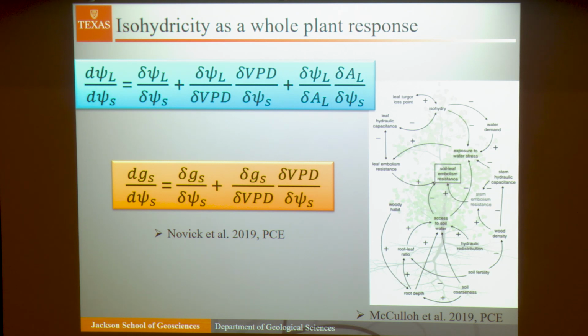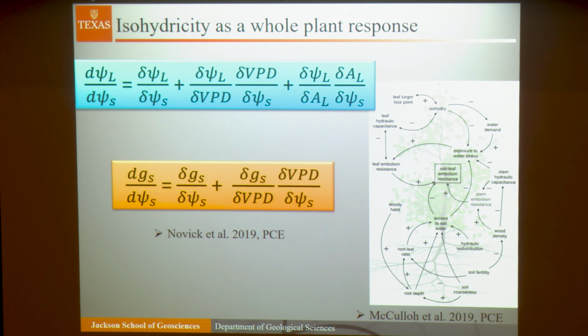And so in the same vein, she's thinking about the way that leaf water potential responds to leaf area. So many trees exhibit a phenomenon called drought deciduousness, where when drought stress becomes too extreme, they will drop their leaves. And so as soil water can decline, leaf area can also change, and that will change the amount of water that's available to the remaining leaves on the tree, which will play a role in their leaf water content.